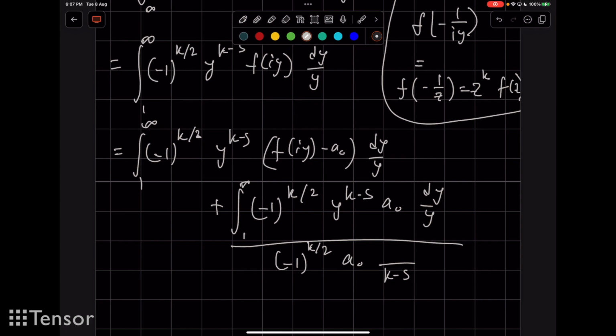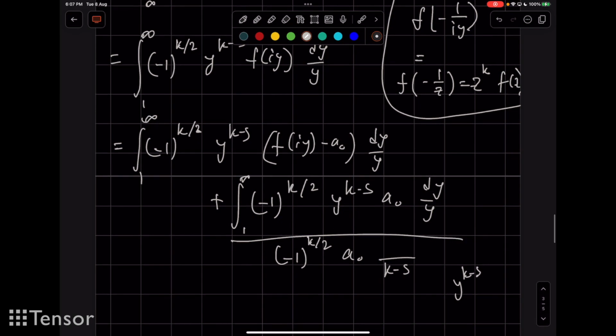And from 1 to infinity. So if the real part of s is greater than k, then as y goes to infinity, this vanishes.